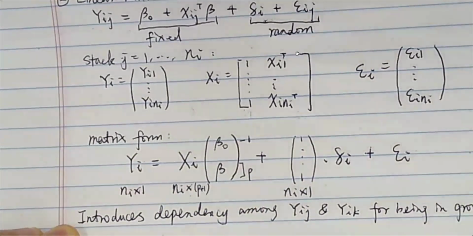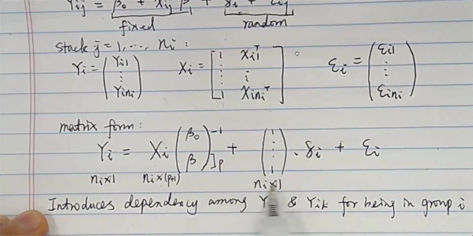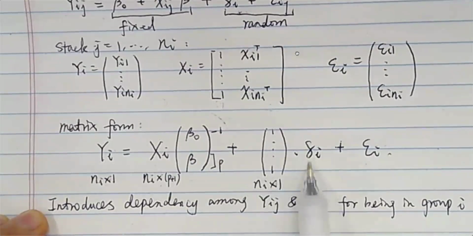So I can introduce within-group dependency in this model, which is something we don't have for the linear model, right? For the linear model, we don't have this random effect term. We just have the fixed effect plus random error. But now with this random effect term, we can have something interesting.